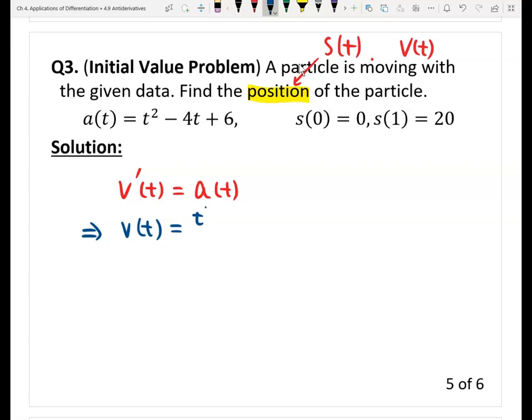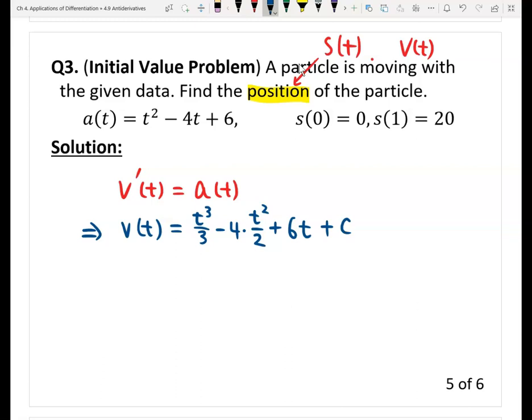So it is t raised to the 3rd power over 3, right? Minus 4 times t, increase the power by 1, over the new power 2. 6, we have the antiderivative is 6 times t. Don't miss plus c.